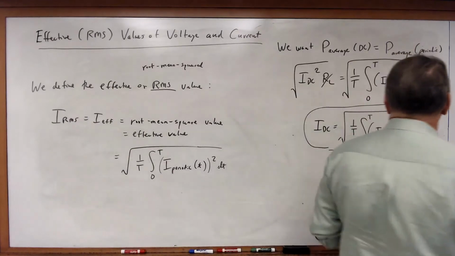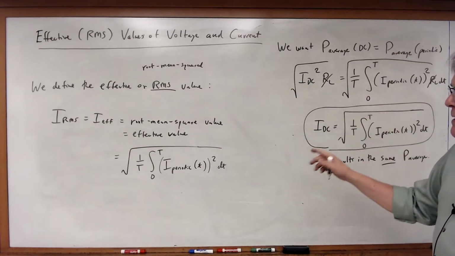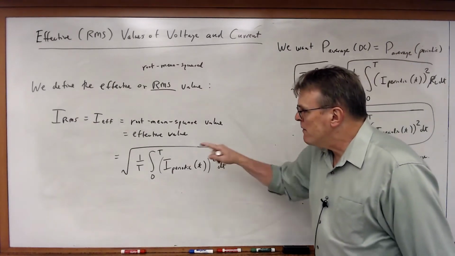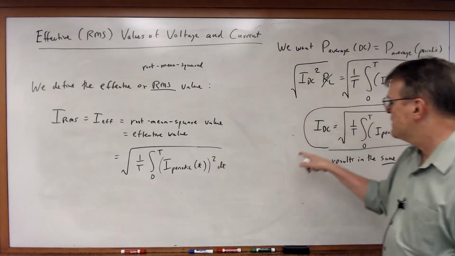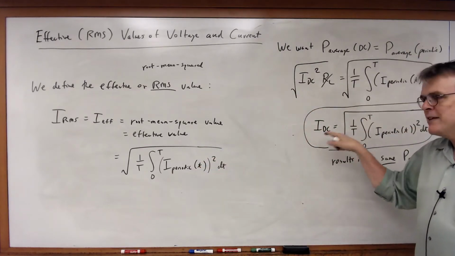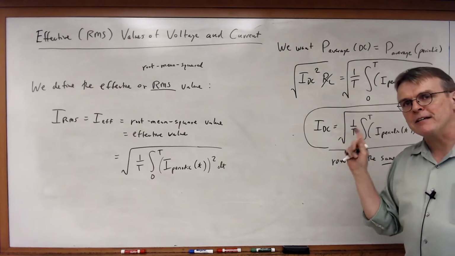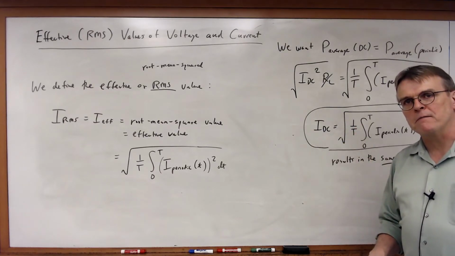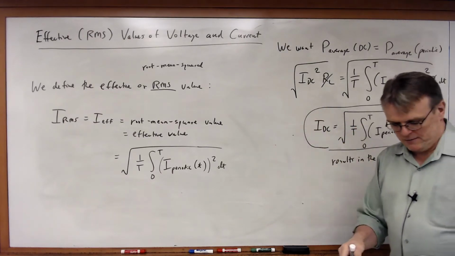All right? What we're saying is the RMS value of a function is equivalent to the DC value if I were connecting a DC source across that same load. Let's see how that works.